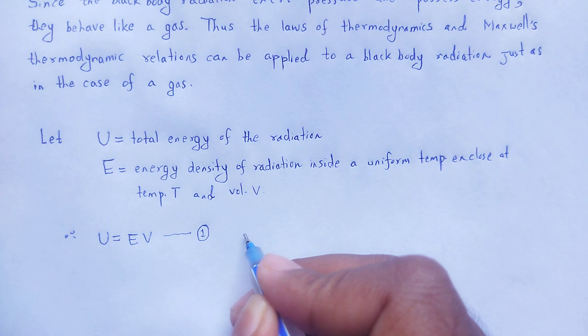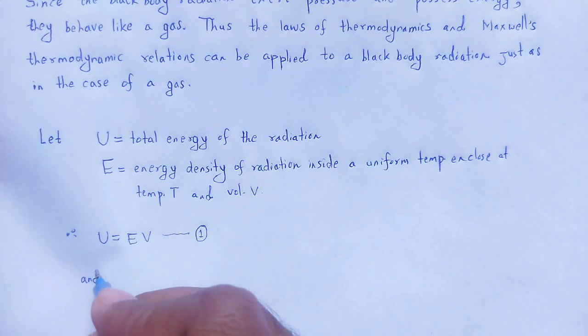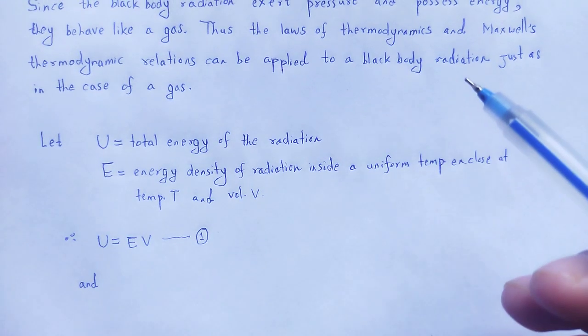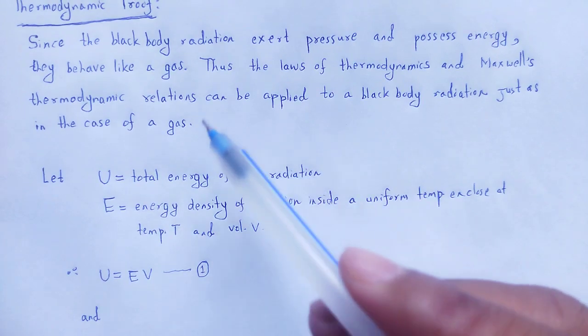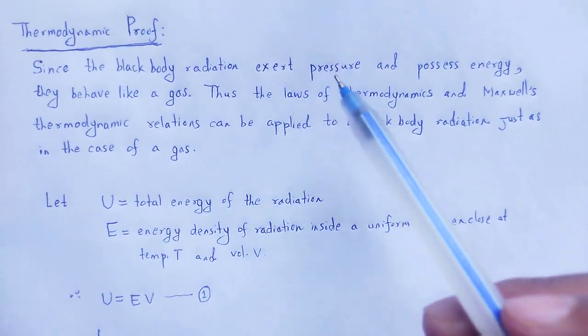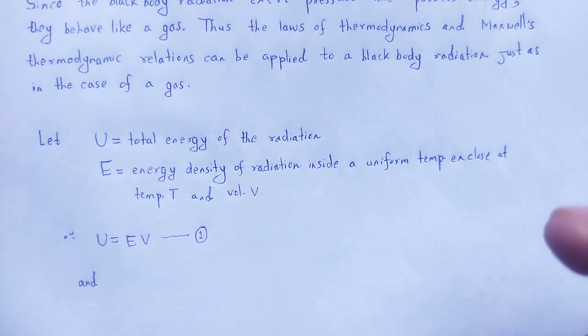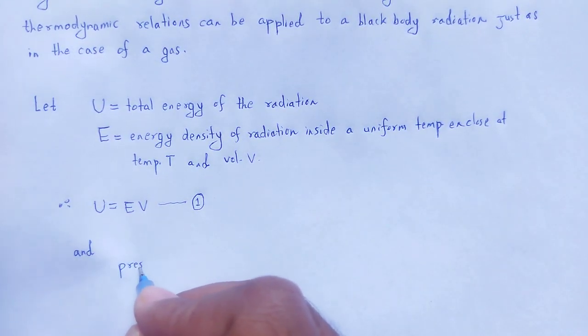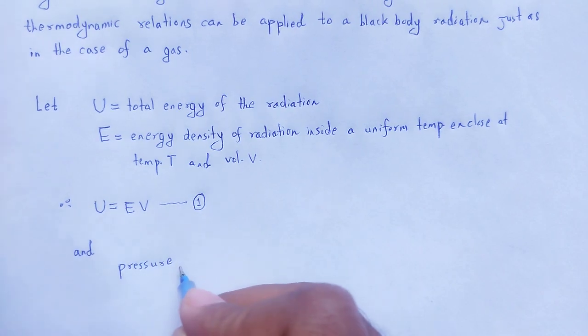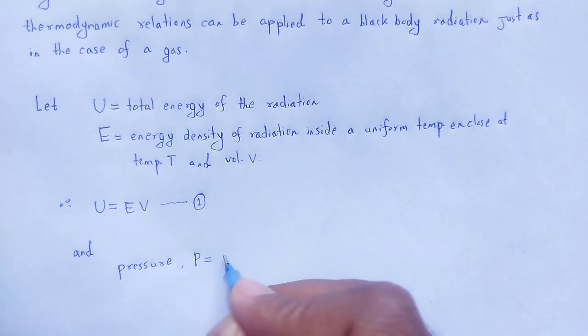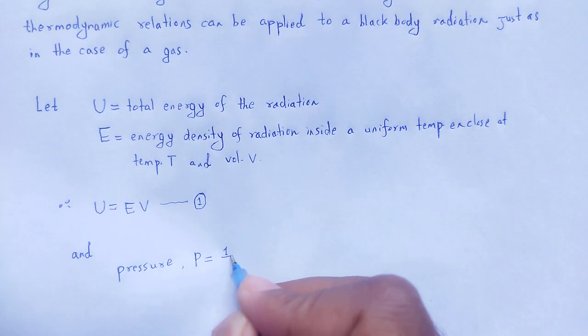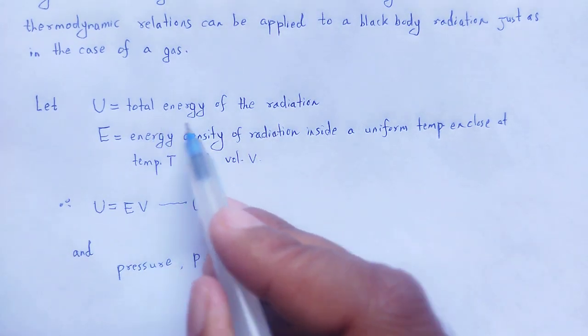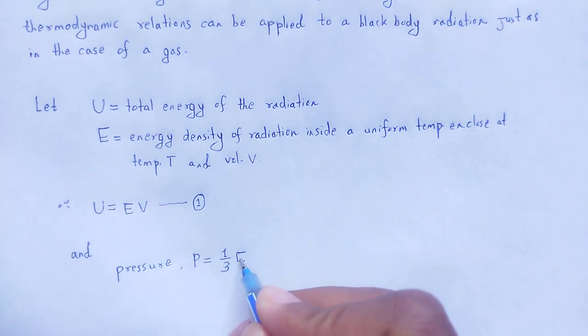And as we say, the thermal radiation exerts pressure. So, what will be the amount of pressure? Pressure P is equal to 1/3 of the energy density of radiation.